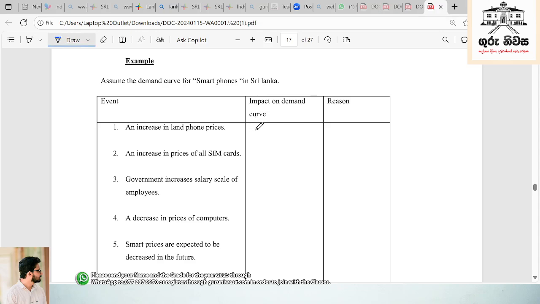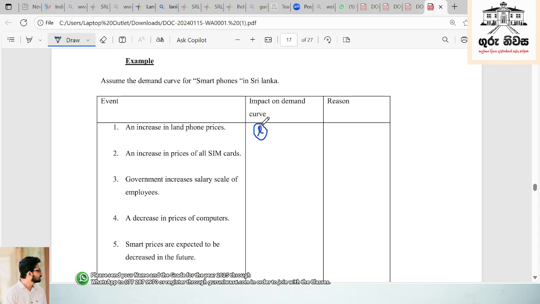Yes, write down. Demand curve for smartphones will shift to the right side. Increasing demand means demand increases. That's why the demand curve shifts to the right side, right?